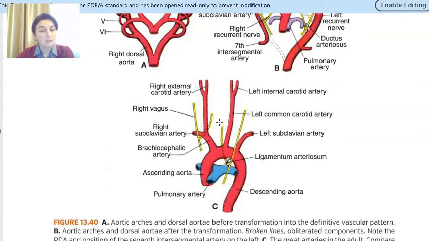And as a result of the elongation of these vessels and the transposition of the heart, we will see the changing position of the nerves. That is the laryngeal nerves, which are branches of the nervus vagus.